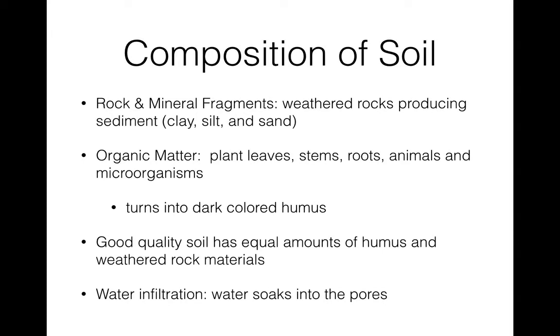Plant leaves, stems, roots, animals, and microorganisms start to decay, and they make this really dark, nutrient-rich soil called humus. However, you have to remember that's not the only thing that we want in good soil. Good soil is an equal amount of that rich dark humus and weathered rock material.